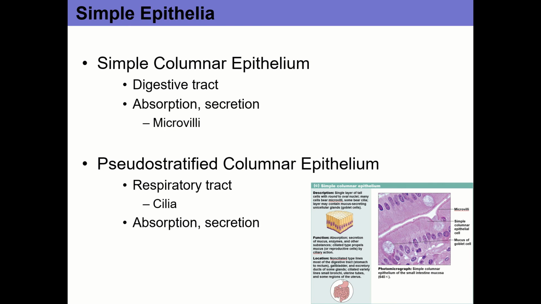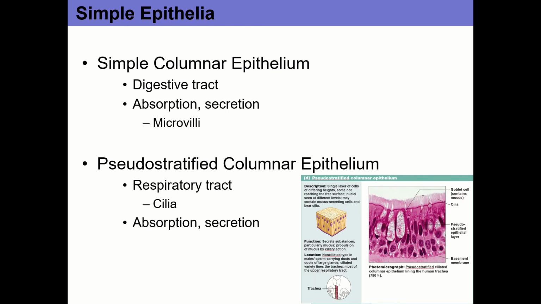Pseudostratified columnar is pictured there. If something is stratified, obviously there are multiple layers. Anything pseudo is fake. So pseudostratified means it looks like it's stratified, but it's not. The reason it looks stratified is a combination of these big mucin pockets and nuclei at multiple heights.